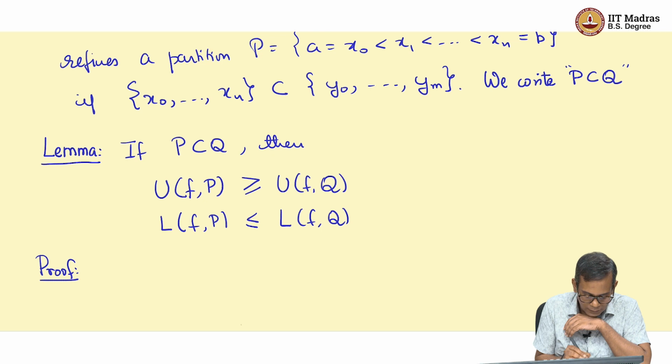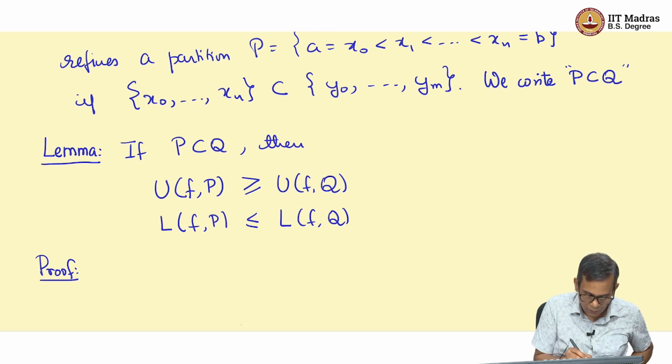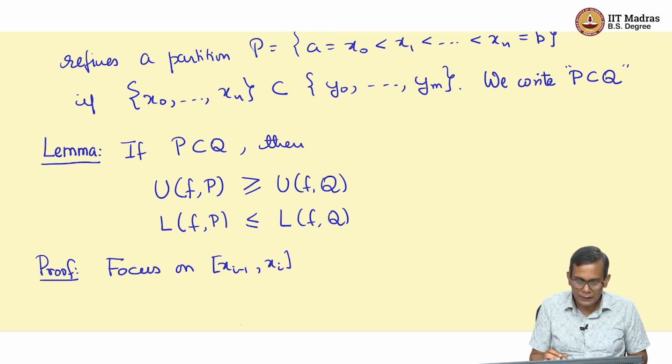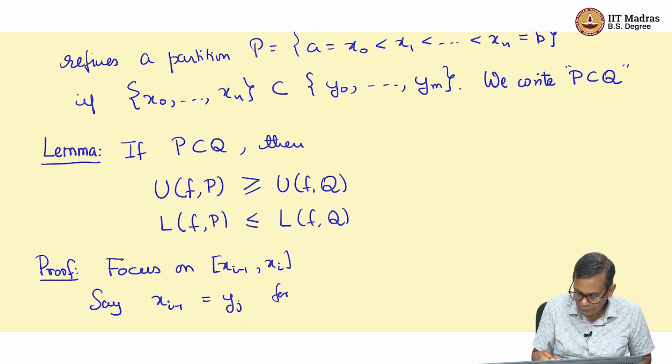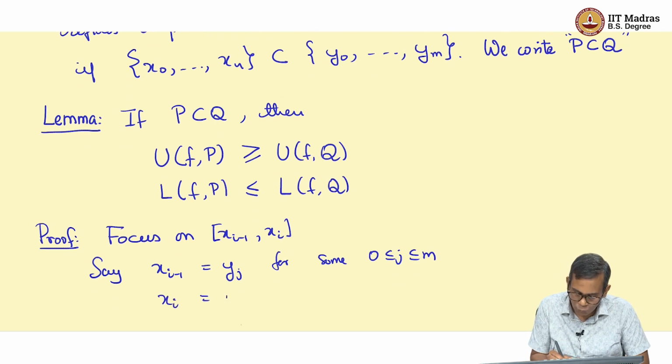So suppose we focus on x_{i-1} to x_i. So this x_{i-1} is equal to y_j for some j, and x_i is equal to y_k for some k, and this k will actually be greater than j.